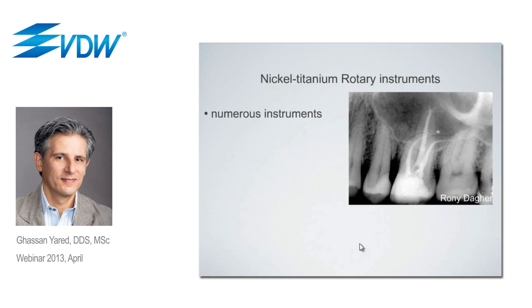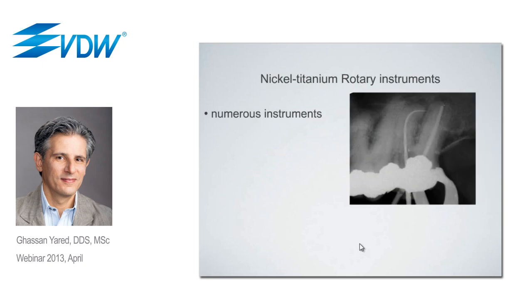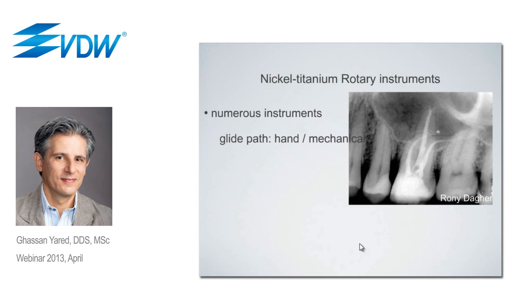With the ProTapers, he had to use the SX, the S1, the S2, and the F1 ProTaper. He also had to use Gates Glidden's number 1, 2, 3, and 4. So the question is, again, why do we have to use so many instruments when we can do a similar canal like this one with only one instrument used in reciprocation and without glide path?